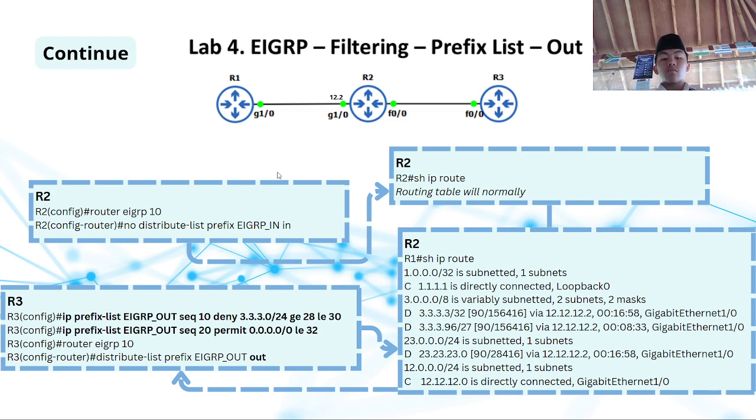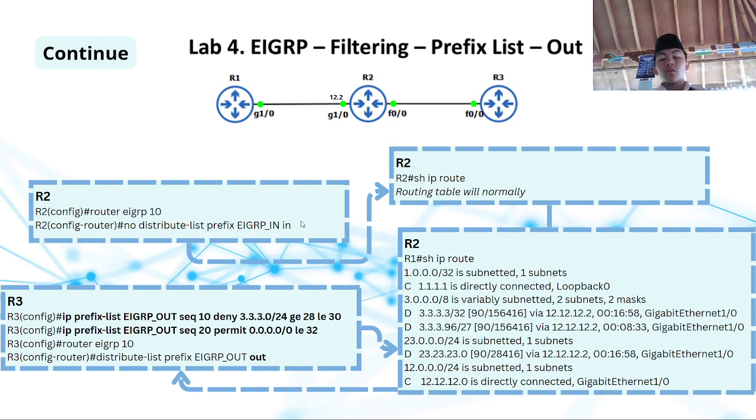This makes them very flexible compared to an ACL or access list. So that is the first lab, using a prefix list outbound on router 3 to control which routes are offered in the rest of the topology.